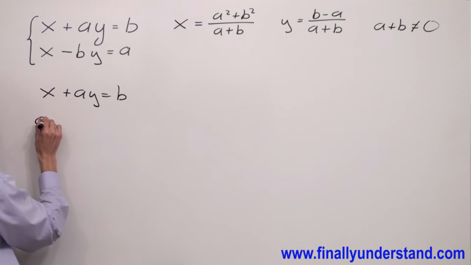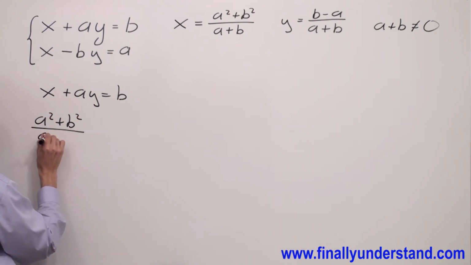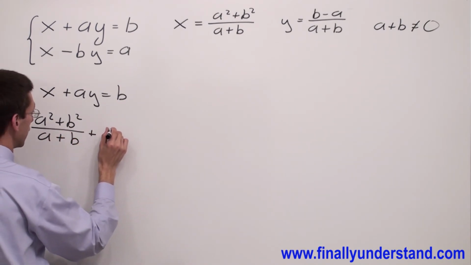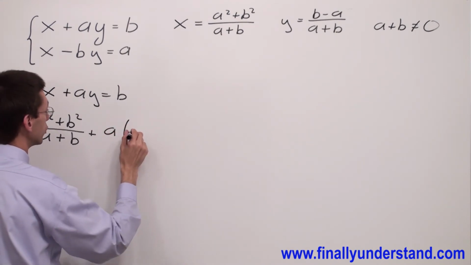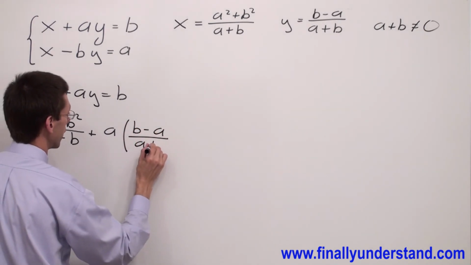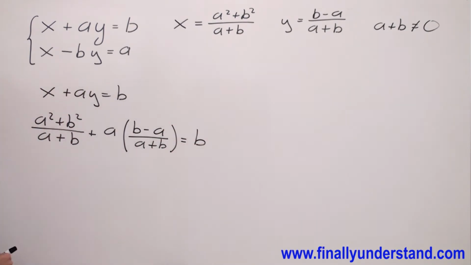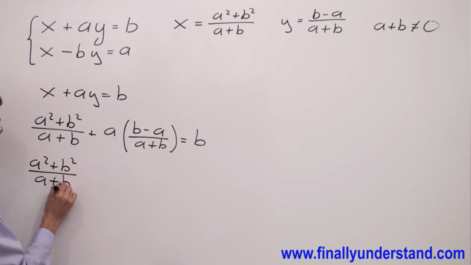I have a squared plus b squared over a plus b plus a times y, and instead of y, I'm going to write b minus a over a plus b equals b. I'm going to copy down the first fraction. I have a squared plus b squared over a plus b.